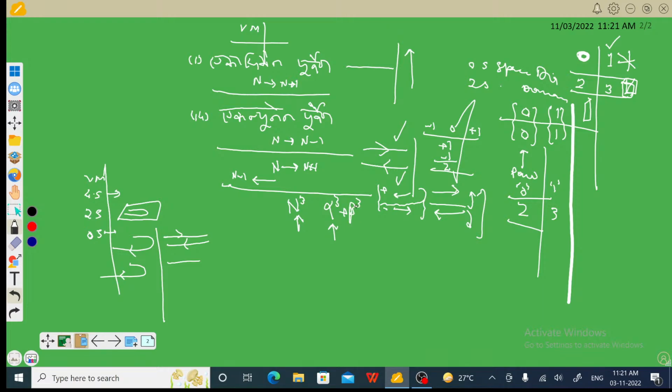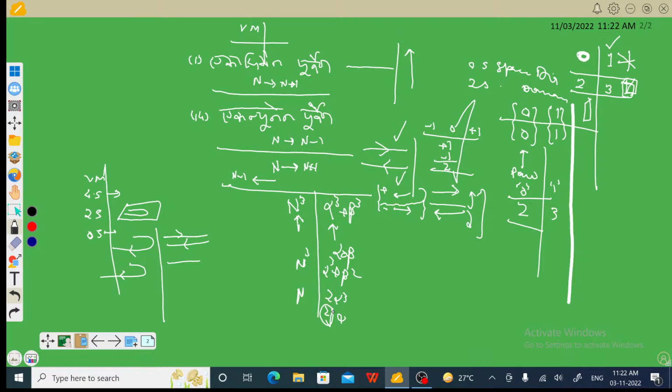As far as these two are concerned, alpha equal to beta will of its own make n cube equal to alpha cube plus beta cube lead to 2 alpha cube, and the same will lead to n equal to cube root of 2 into alpha, and it is not a whole number, so it is impossible, and hence this situation stands ruled out.